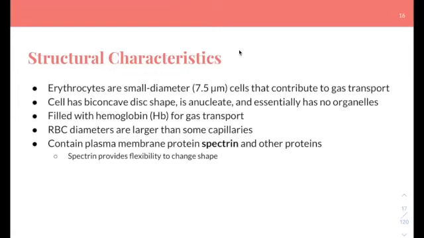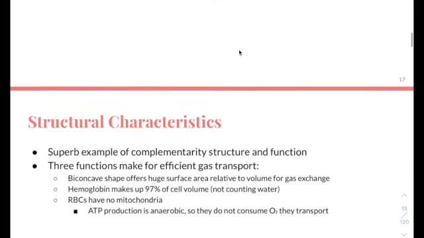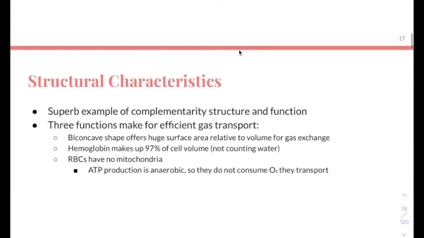Then we also have plasma membrane proteins on some of the erythrocytes, and other proteins. Let's have a picture coming up that explains that. They have a really nice complementary structure for what they do.